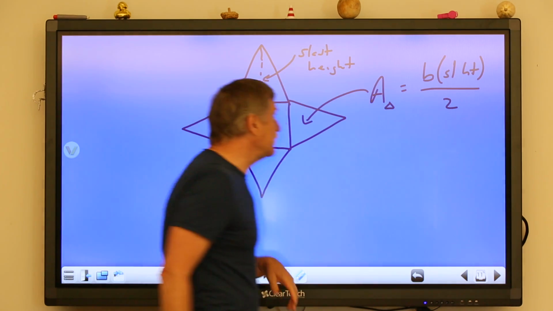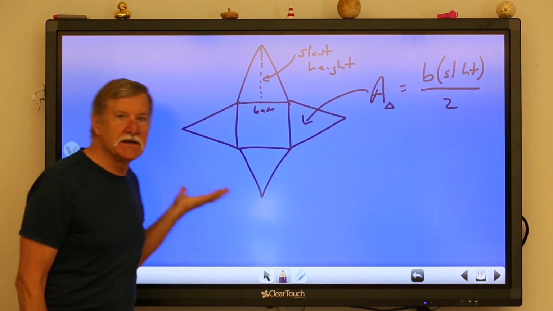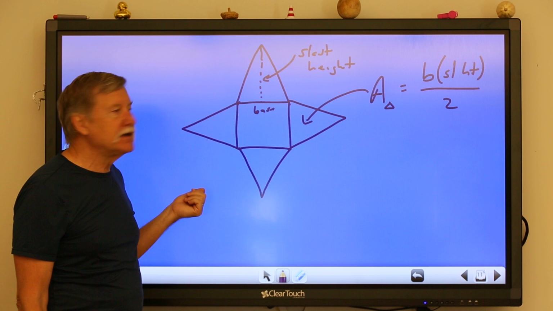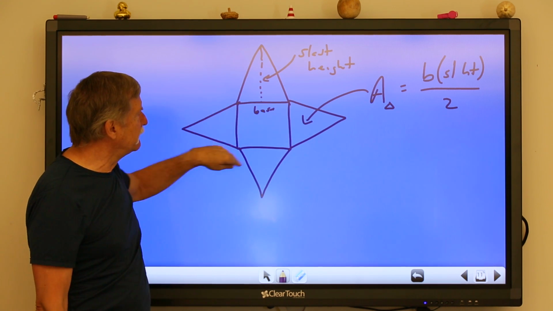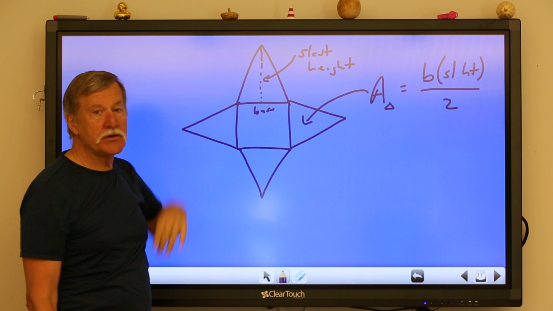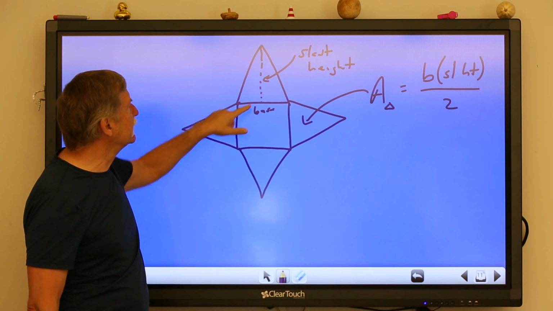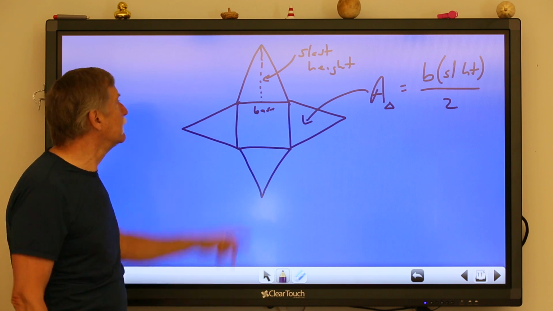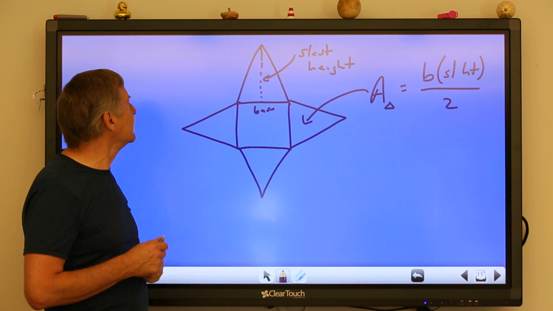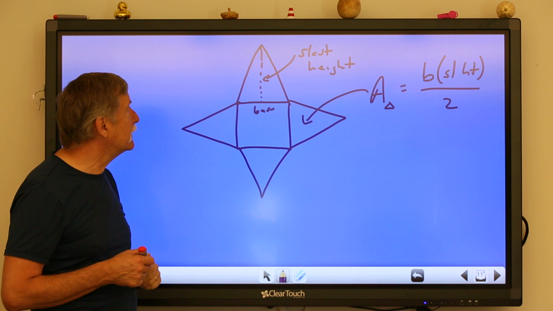Starting with a pyramid here, we unfold a square pyramid into a net. We see that we've got a base with 4 sides and 4 triangles. And it turns out that the slant height is the height of the triangle, all right?